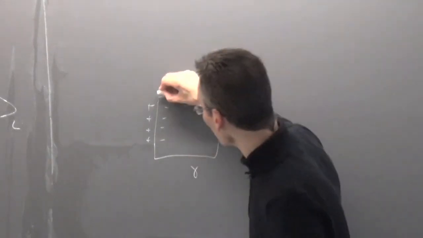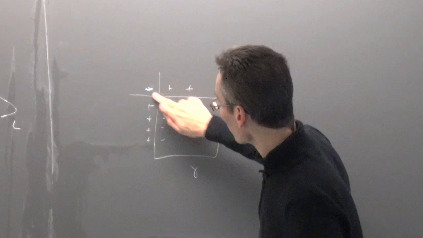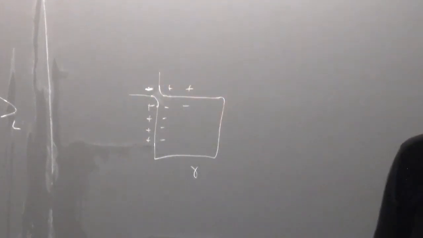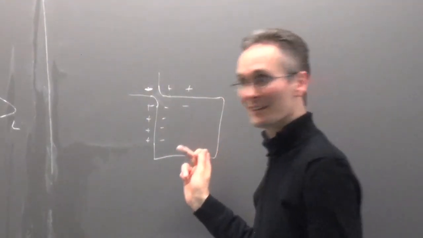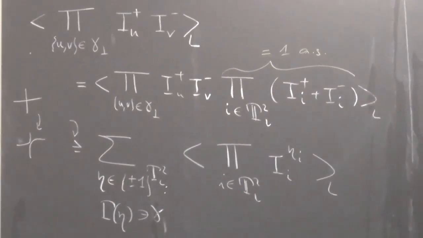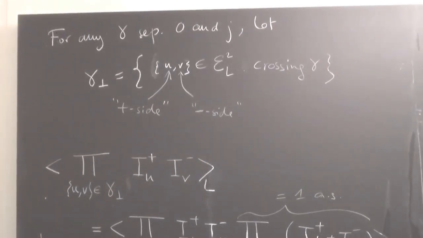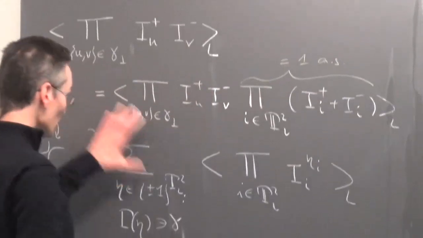Because what could happen is that I put a minus here, then I get something like that, and because of our deformation rule, this destroys the contour gamma, it creates a new contour. It's not the contour gamma anymore, it's another contour. Right? So this gives you a lower bound, but it doesn't matter very much. That's all we need in any case. We could also just get rid of this deformation rule, but since we used it in the Ising model, let's keep it. So we get this lower bound.